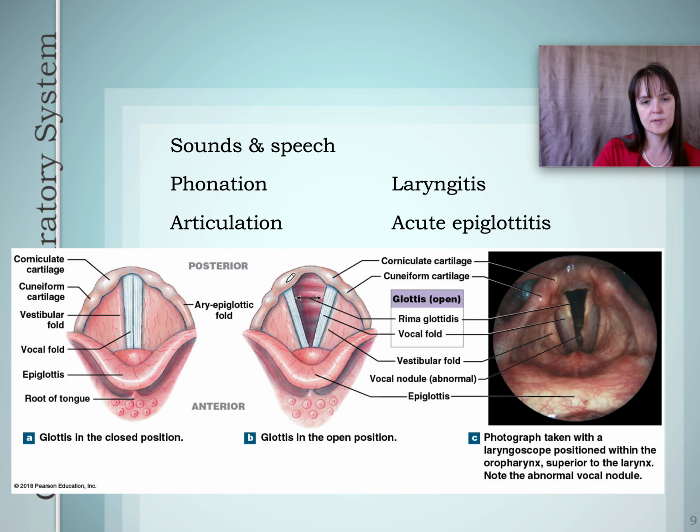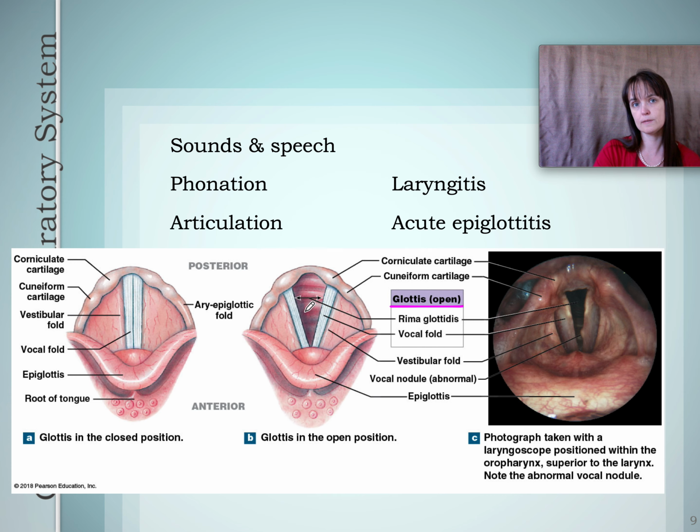And on this next picture, you can see that it says the glottis is like this whole region, whereas the rima glottidis is the opening. And we used to call, in the previous version, the glottis the opening. And now the glottis includes the vocal folds and the vestibular fold, this whole kind of region.